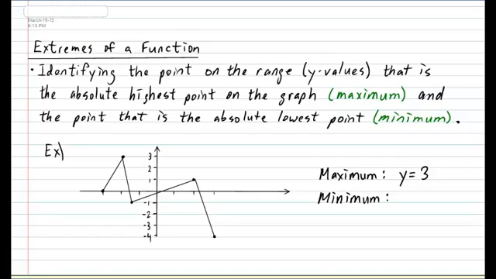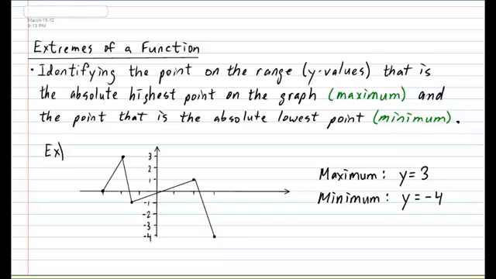If you look at the graph carefully, I'm pretty sure that the lowest point occurs right here. I don't see any point that goes lower than that. So therefore, in our conclusion, we put down that the minimum of this graph is occurring at y equals -4.